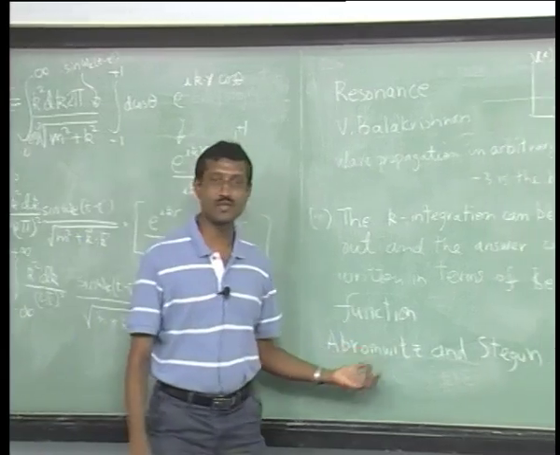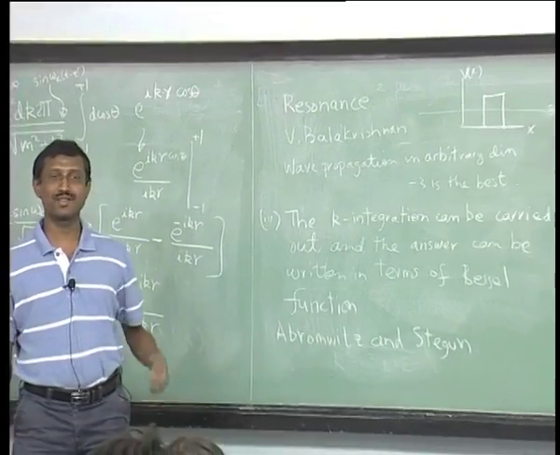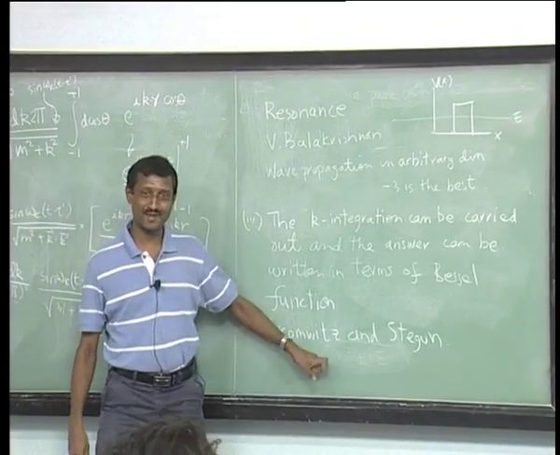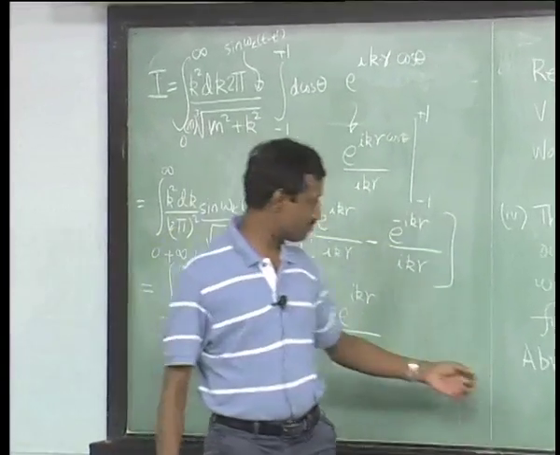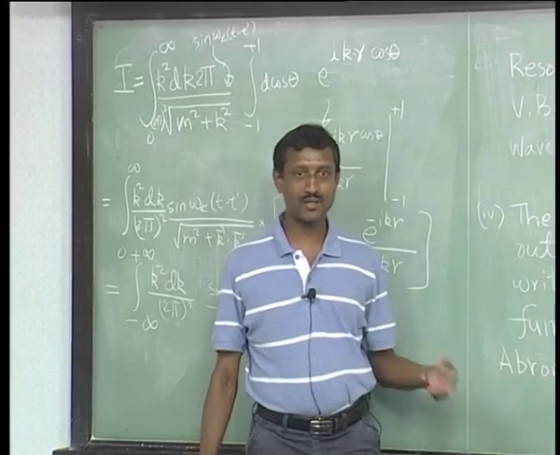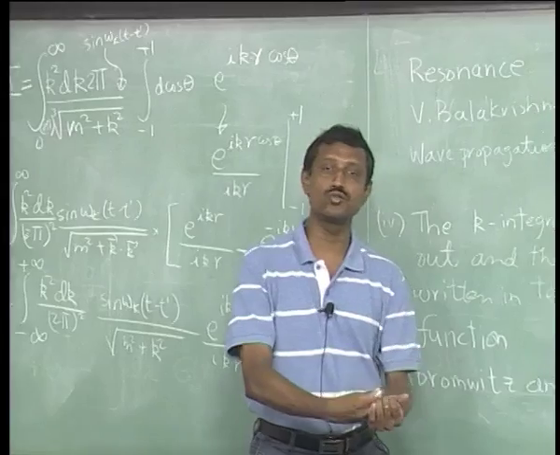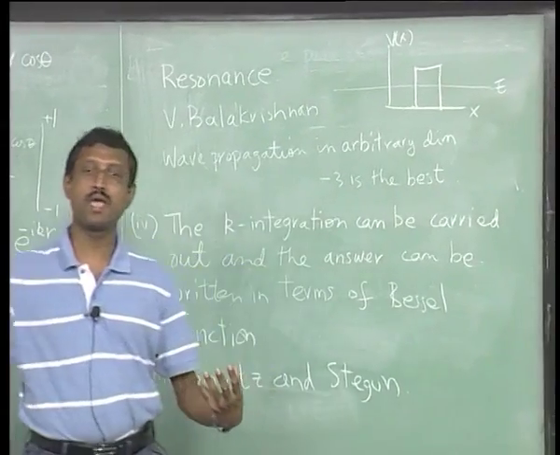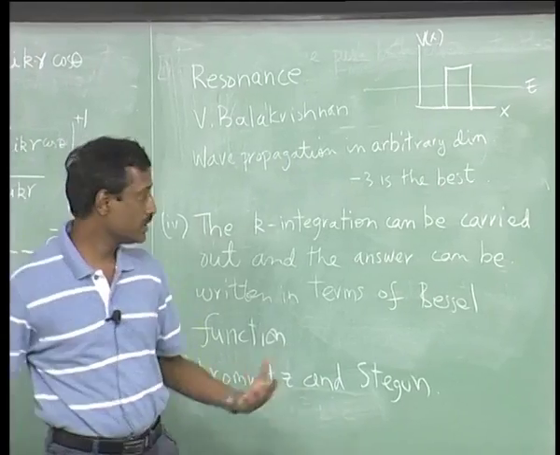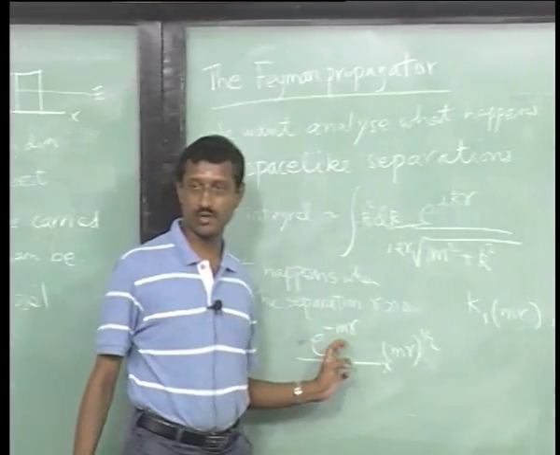But if you want the same story with the zeros of the Bessel function, you need to look at the tables. Again, these books are fantastic. If you want to know the first 0 of J1 or whatever, you can see it out here. But there are certain properties which you should be aware of: how it behaves near 0 argument and at large argument. For large argument, the J's become oscillatory while the K's are exponential.